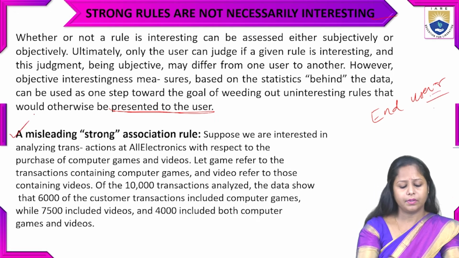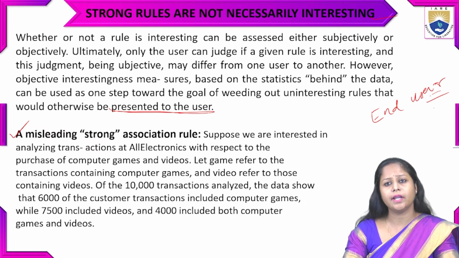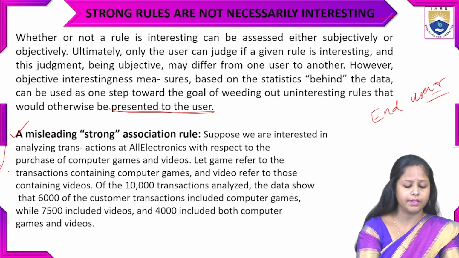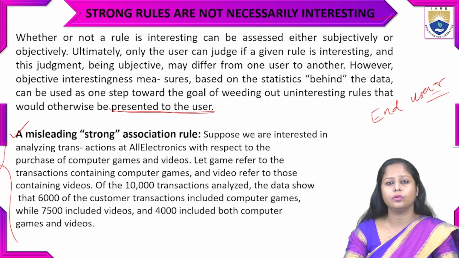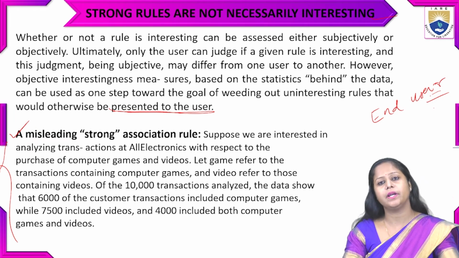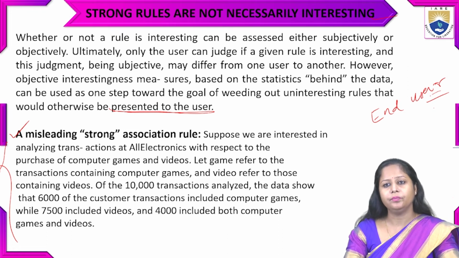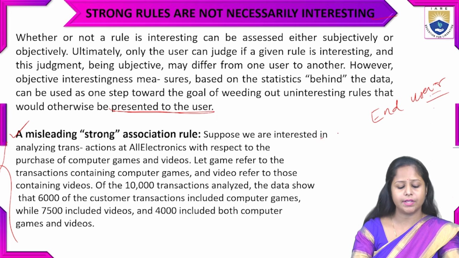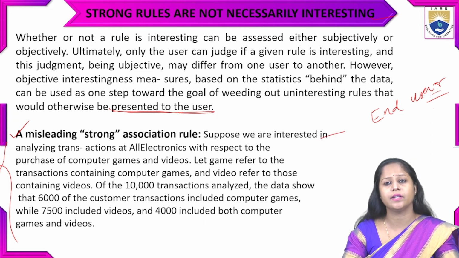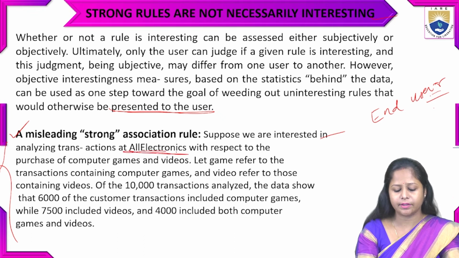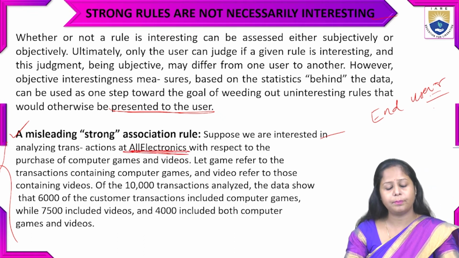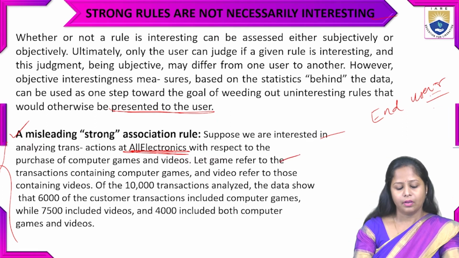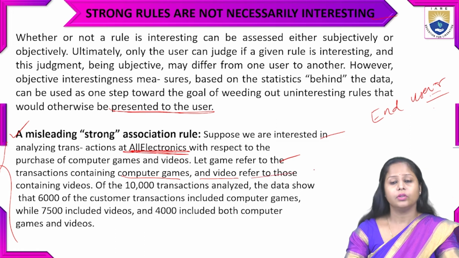So the misleading strong association rule, we will check for that. What is a misleading strong association rule? It is strong enough, but it is misleading also. Suppose, for example, we are interested in analyzing transactions at AllElectronics, the table we had in the earlier slides with respect to the purchase of computer games and videos. Let game refer to transactions containing computer games, and video refer to those containing videos.